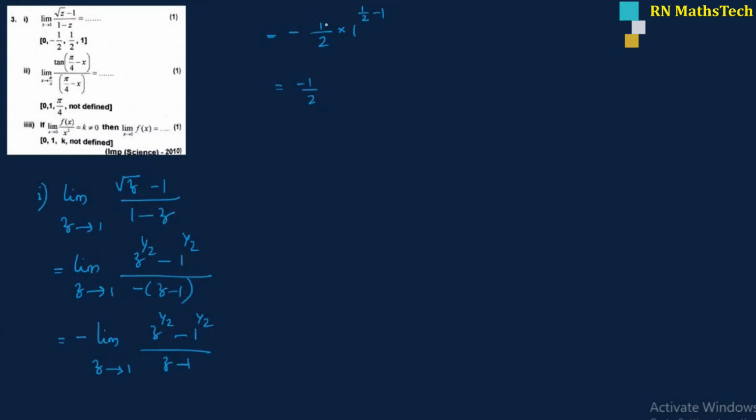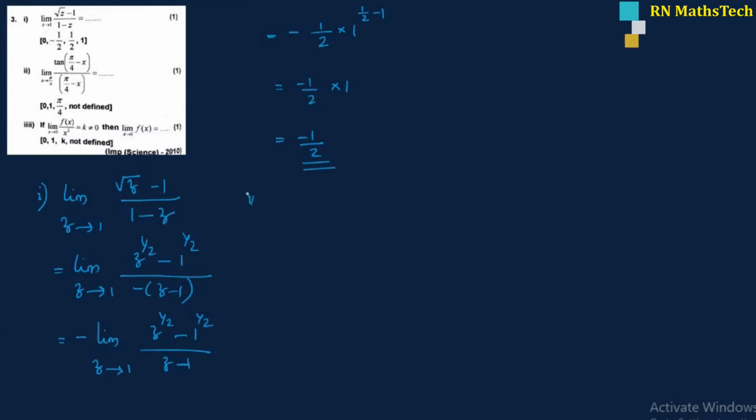It is minus, half minus 1 into x raised to n minus a raised to n by x minus a. So n is replaced by half. Half into 1 raised to half minus 1. That is minus half into 1, which is equal to minus half.